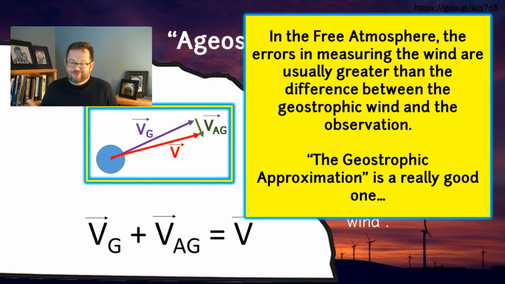In fact, in the real atmosphere, most of the time the measuring error associated with measuring the real wind is actually bigger than the ageostrophic component of the wind. Most of the time, to within the error bars of what we actually know of the speed and direction of the wind, the geostrophic wind and the real, observed wind are the same. We don't measure wind so super accurately away from the surface of the Earth anyway.